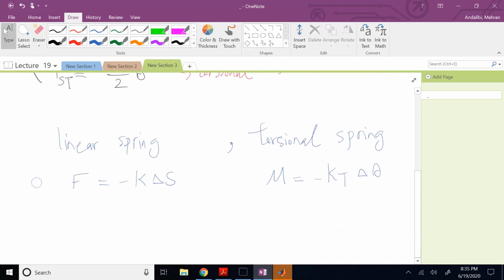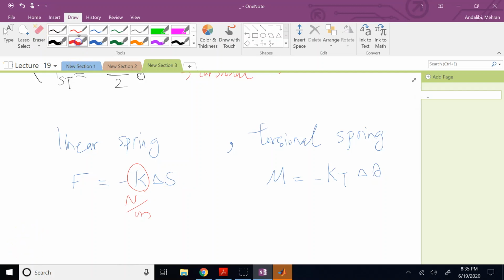So clearly, the units are different. Here, the unit of the linear spring constant is equal to what? The unit for this is Newton per meter, right? Because that's Newton over meter.